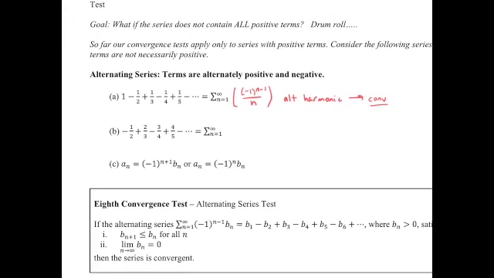The next one is going to be a little bit different. If we were to come up with the generator for that one, it would be (-1)^n times n over n plus 1. And so you can see by the terms that it is truly alternating. However, if you think a little bit past that, if we were to look at just the limit as n goes to infinity of n divided by n plus 1, it's equal to 1.